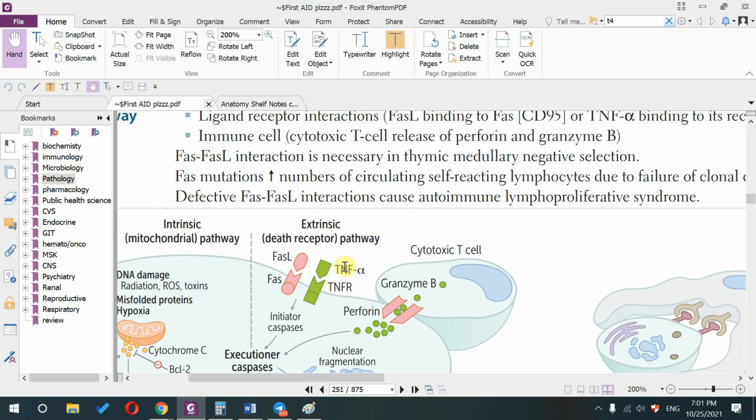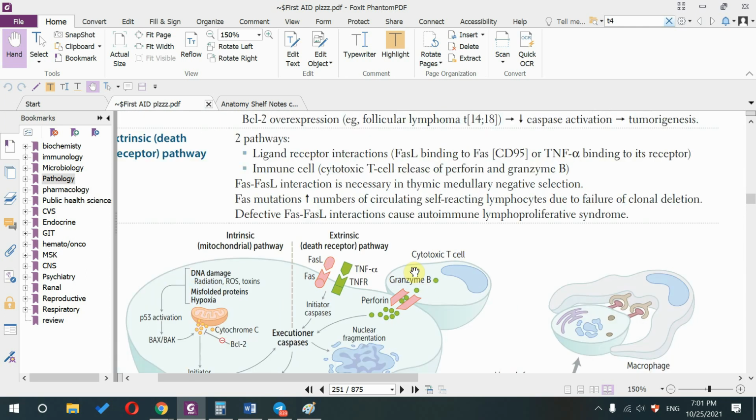We heard all about these guys. They were in something, we'll speak about it in one moment exactly. So yeah, they're right here. The Fas binds to the Fas receptor and the TNF alpha binds to its receptor. This is not high yield, but if you would like to know it, the Fas is CD95 positive. It's not high yield, but if you know it, it's just like an extra point if it comes.